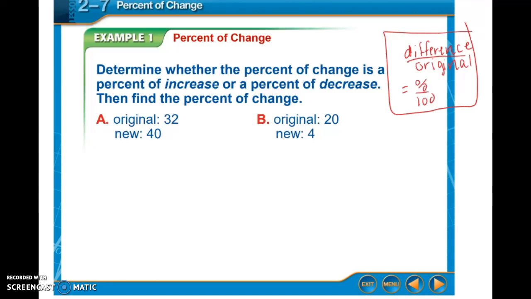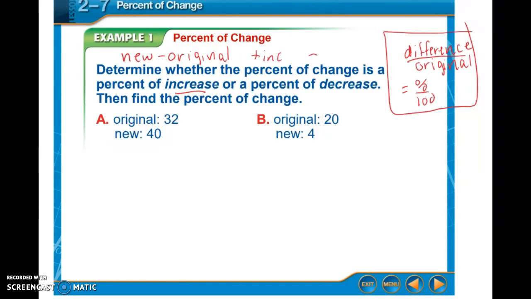But when we have to figure out whether it's an increase or decrease just from two numbers, what we need to look at is the difference between the new and the original to tell us whether it's an increase. So we do new number minus the original. And if it's positive, that's an increase.